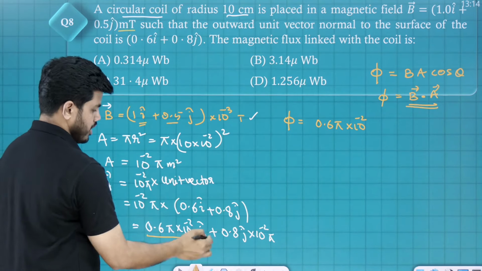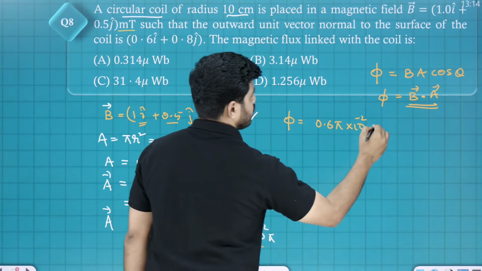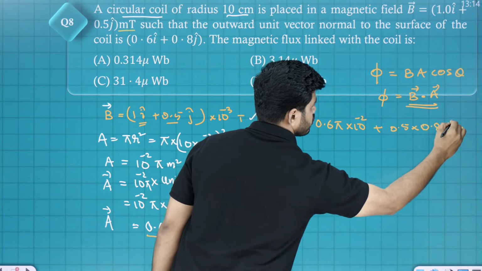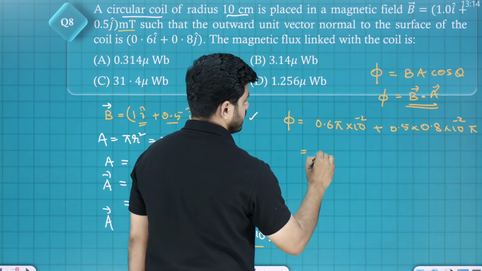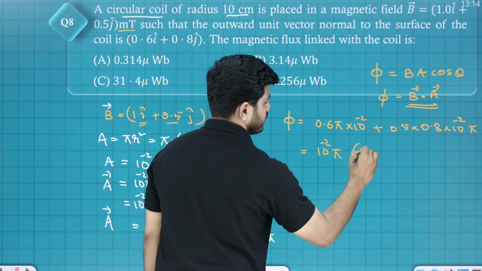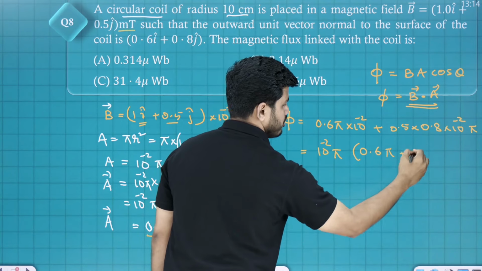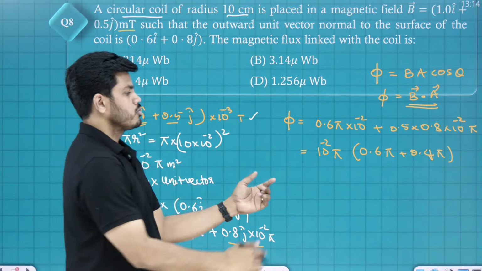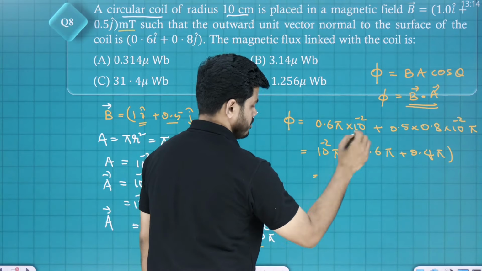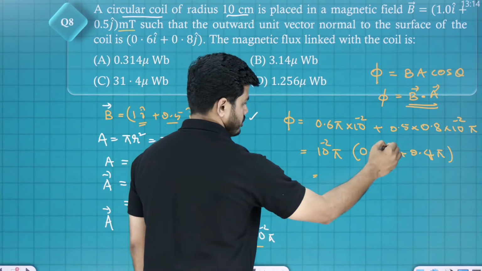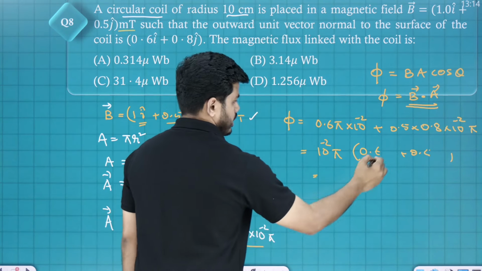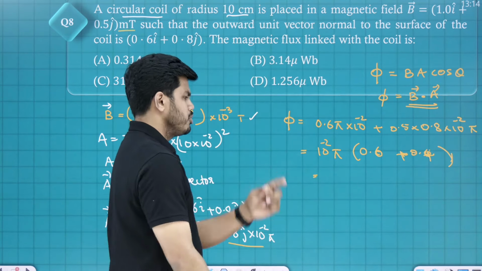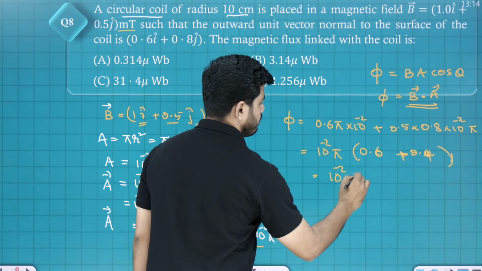Now the j component: 0.5 into 0.8 into 10 raised to minus 2 pi. So we can take 10 raised to minus 2 pi common. What do we get? 0.6 plus 0.8 into 0.5, which is 0.4. Sorry, that pi we have already taken out, so this pi is not there. So we get 0.6 plus 0.4, which is 1. So 10 raised to minus 2 pi.